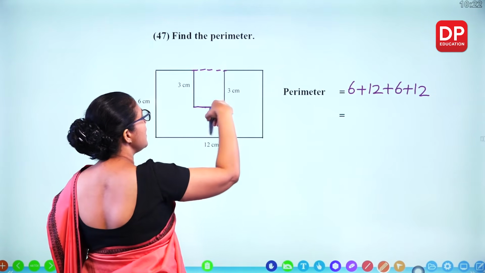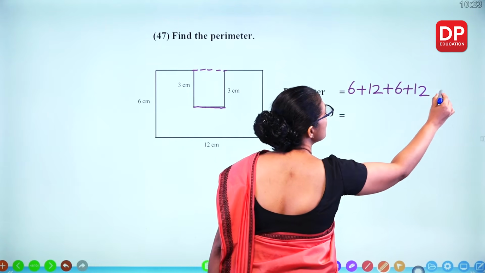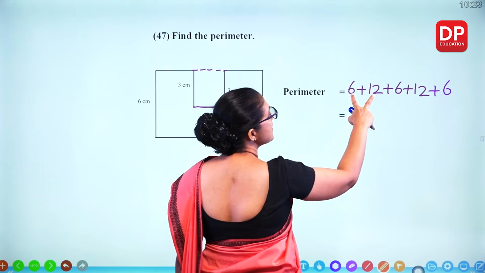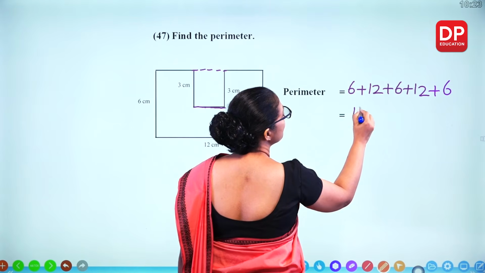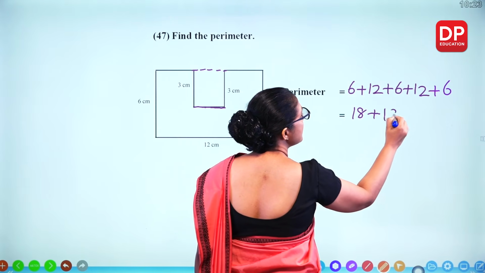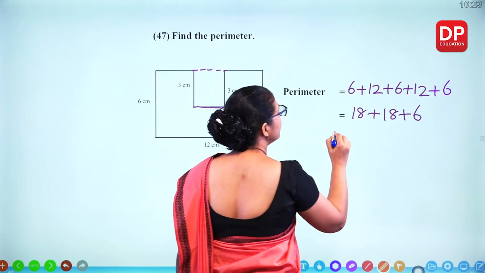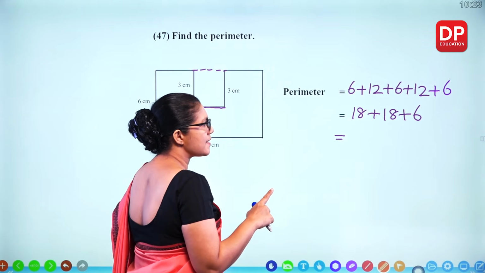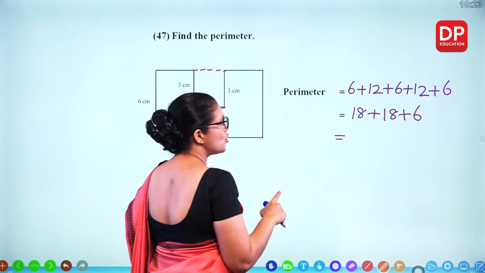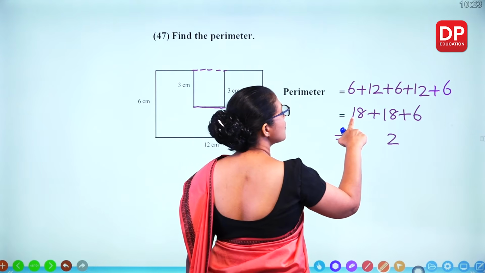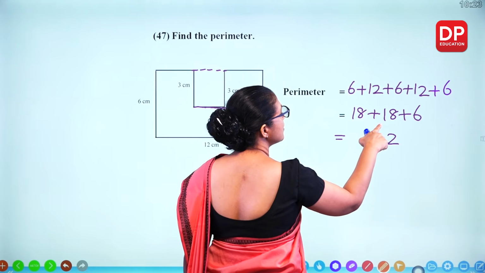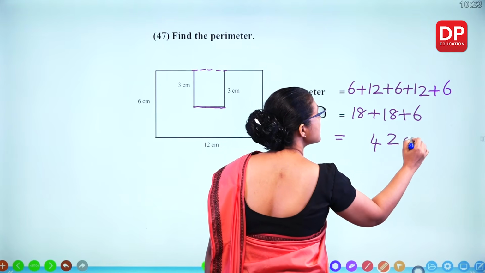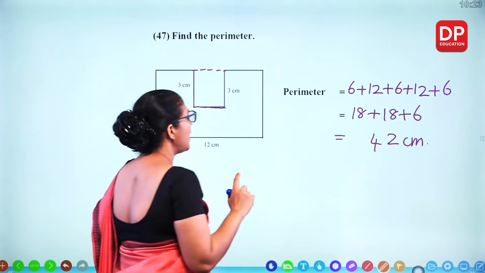Now 3, 3 extra, so 3 plus 3, 6. 12 plus 6, 18. 18 plus 6, 8 and 8, 16, 16 plus 6, 22. 2 plus 1, 3, 3 plus 1, 4. 42 centimeters.